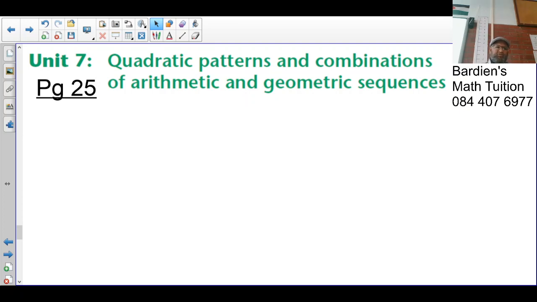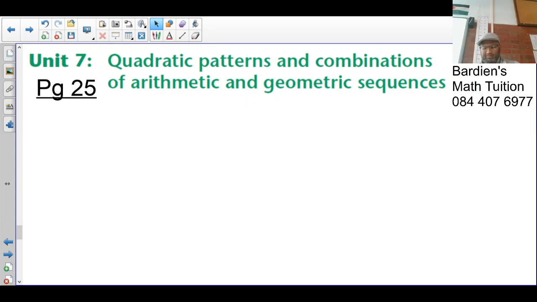So on page 25 we are reminded about all the formulas that we are familiar with. We have the arithmetic formula, we have the geometric formula, and what we did last year was the quadratic formula for the number of terms, not so the general term. So now we're going to look at the combination thereof.